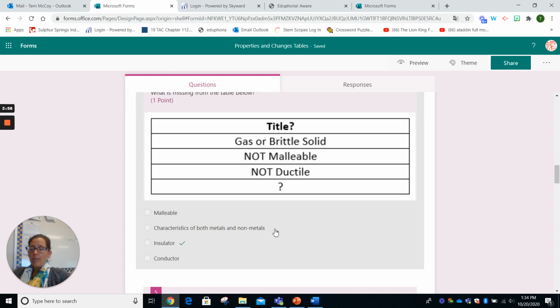Characteristics of both metals and nonmetals? This is all describing a nonmetal, and nonmetals don't have characteristics of both, so that can't be it either. Is a nonmetal an insulator or a conductor? If you said insulator, you are 100% correct. A nonmetal is going to be an insulator. Insulator is the answer to this question.